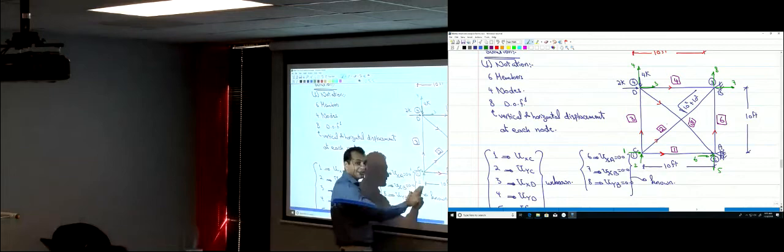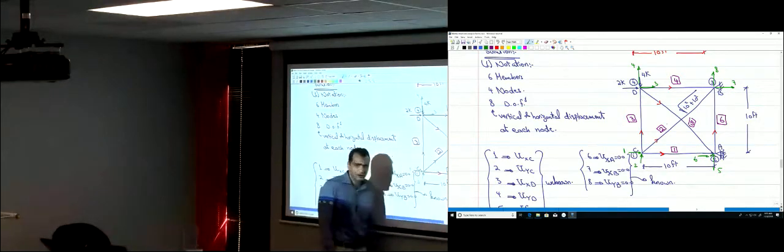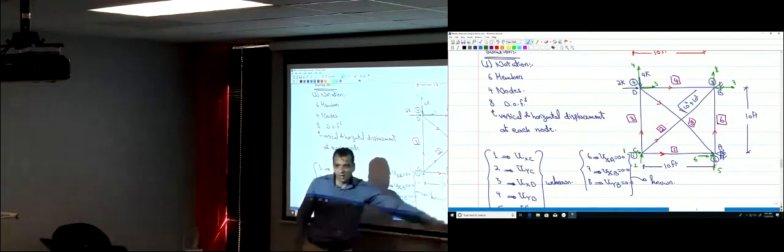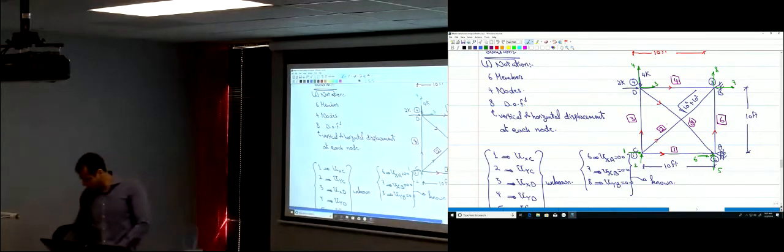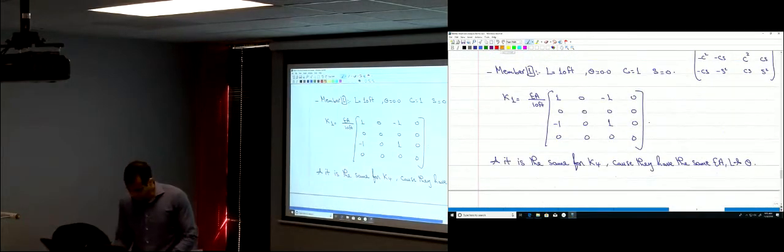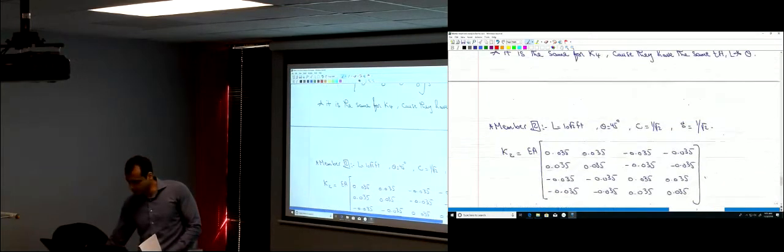The horizontal and the vertical at the start or the near end, the horizontal and the vertical displacement at the end or the far end of the member. So you have 1, 2, 6, 5. Okay? So that's the labeling of K1. So here we have 1, 2, 6, 5. And then K4 has the same value, so let me write K4 here. Let me just move this.